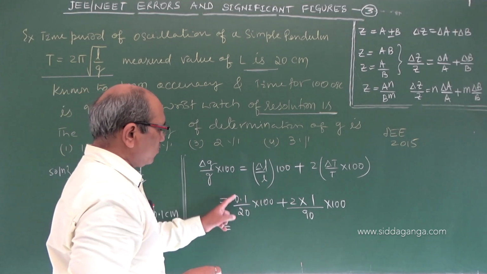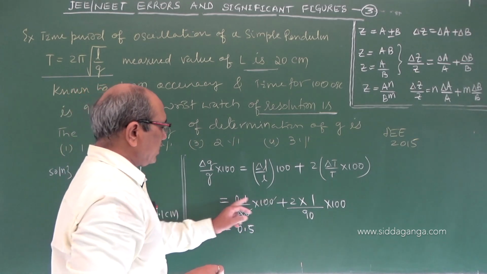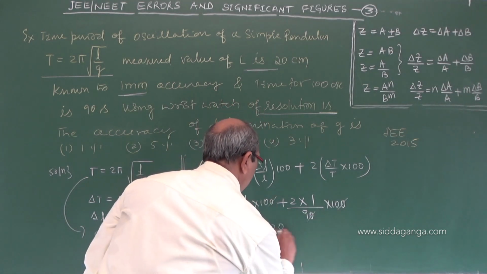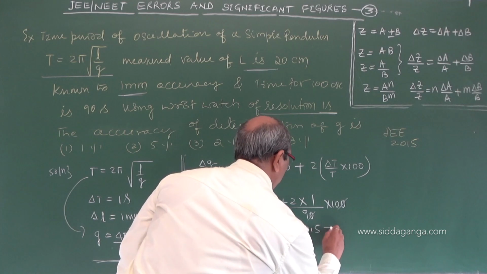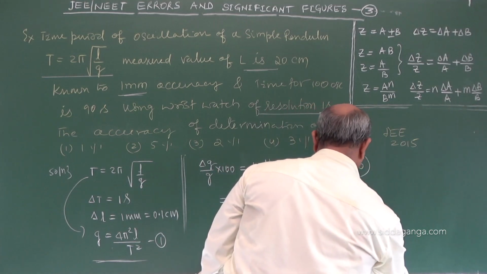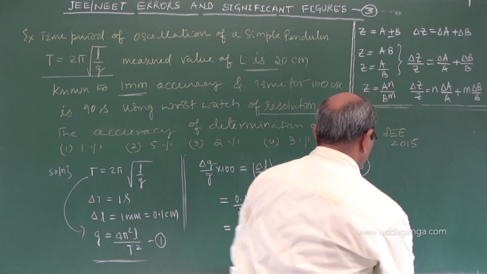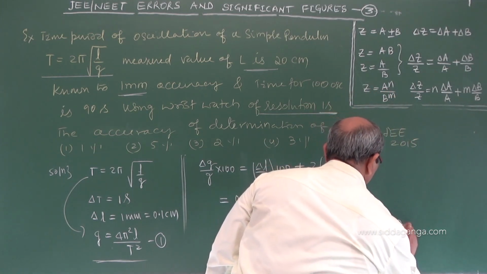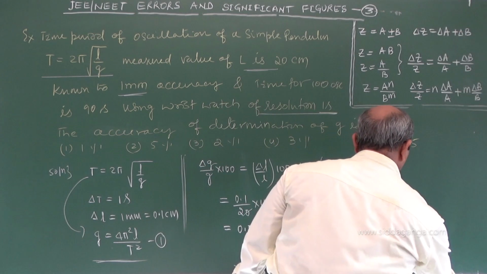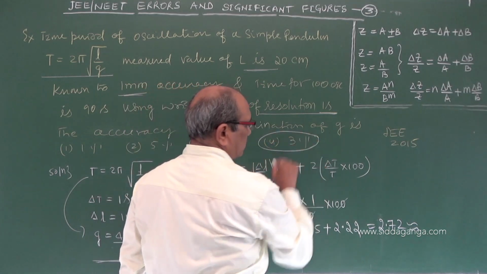It becomes 1 by 2, which is 0.5, plus 20 by 9, which is 2.22. So 0.5 plus 2.22 is 2.72, approximately 3%, because here we do not have the answer 2.72, but the best possible is the approximation.